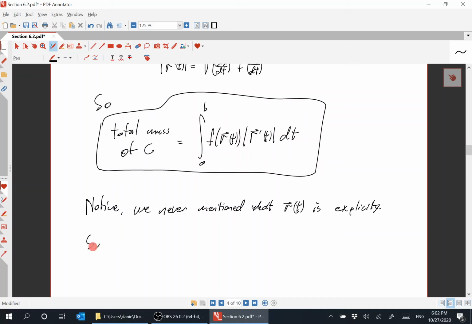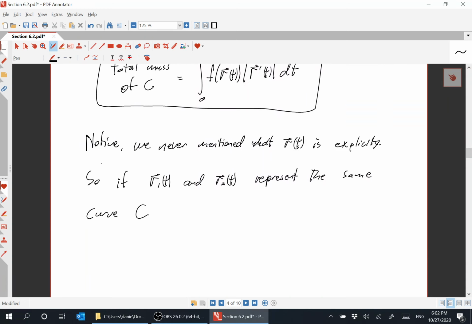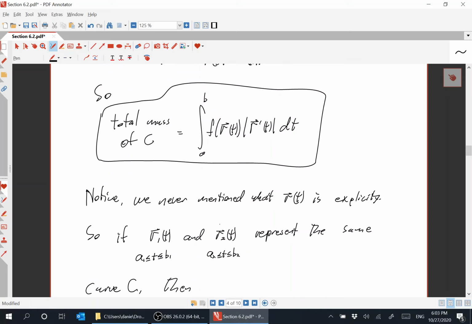So if r1 of t and r2 of t represent the same curve C, with intervals a1 less than or equal to t less than or equal to b1, and a2 less than or equal to t less than or equal to b2, then those integrals are going to be exactly the same.